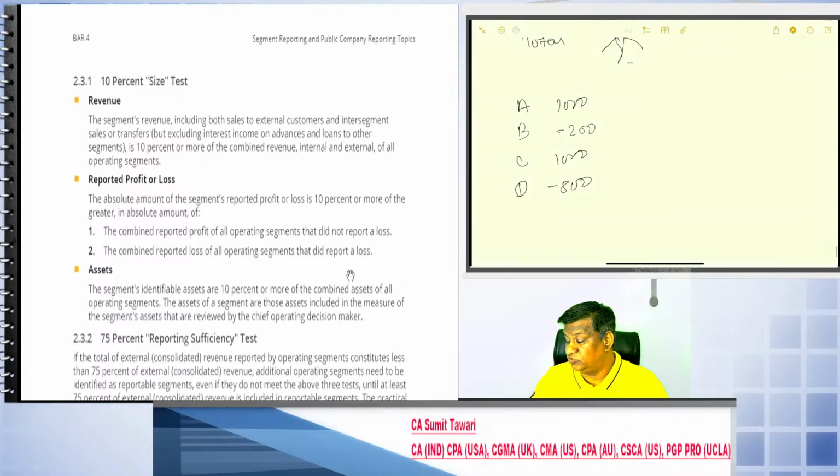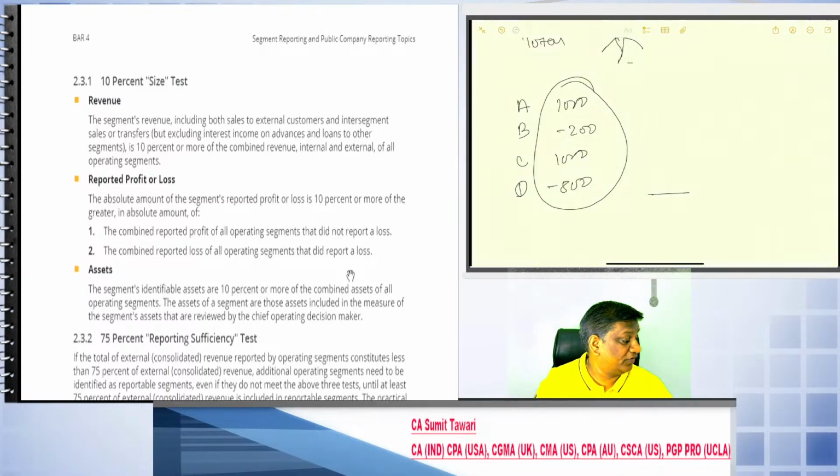You do not just do the total. 1000 and 1000 is 2000 in profit, and then the loss is 1000.